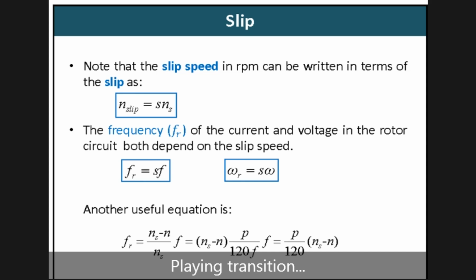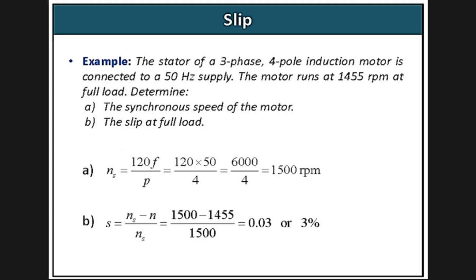If we look at this example, it says the stator of a three-phase 4-pole induction motor is connected to a 50 Hz supply. The motor runs at 1455 RPM, that is the speed of the rotor, at full load.